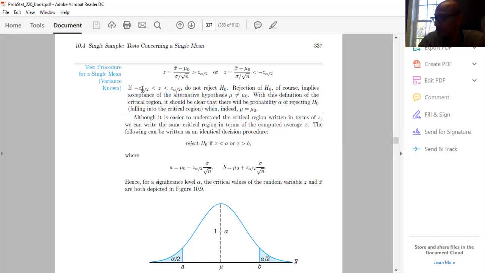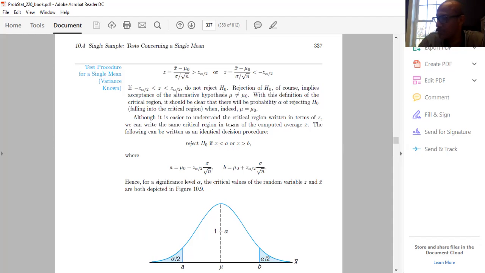Rejection of H0, of course, implies acceptance of the alternative hypothesis nu is not equal to nu 0. With this definition of the critical region, it should be clear that there will be probability alpha of rejecting H0 when indeed nu is equal to nu 0.